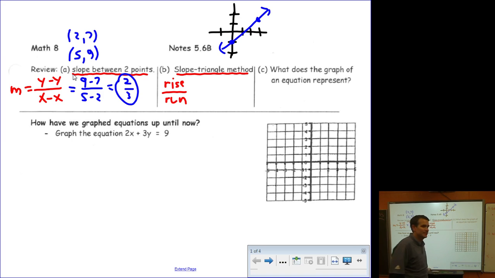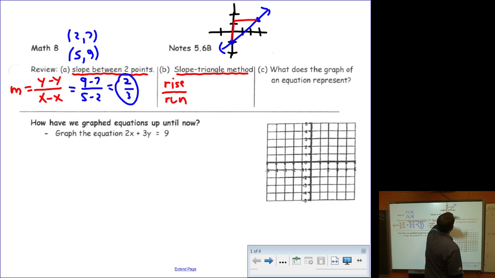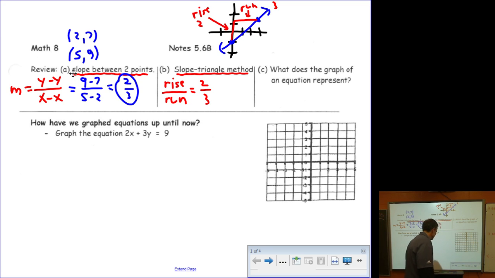We can calculate the slope of that line by taking those 2 points and making a triangle. And we are calculating the rise, which in this case would be 2, over the run, which in this case would be 3. So the line goes up 2 over 3, or it has a rise of 2 and a run of 3. Also giving you a slope of 2/3.